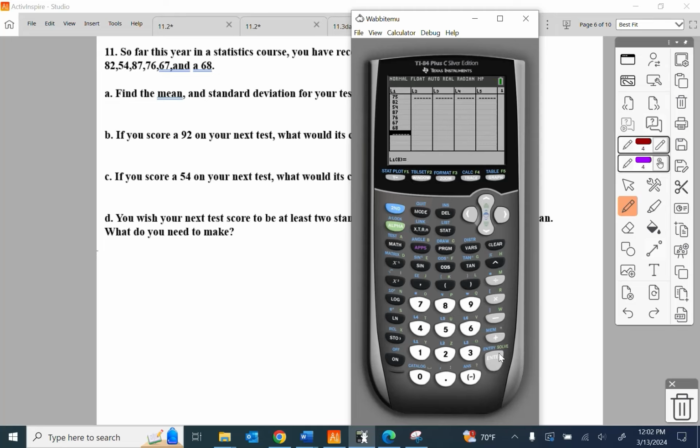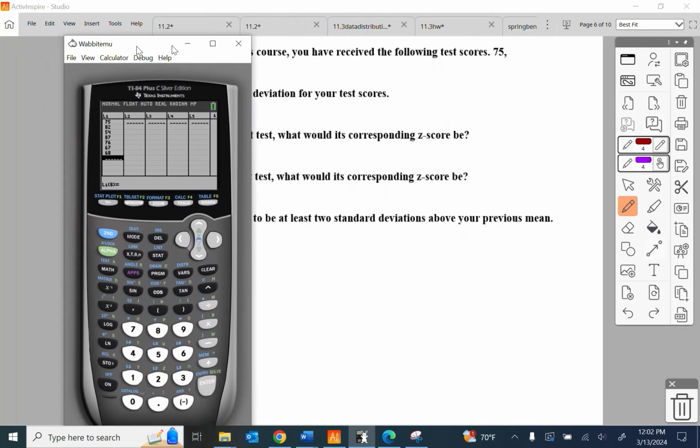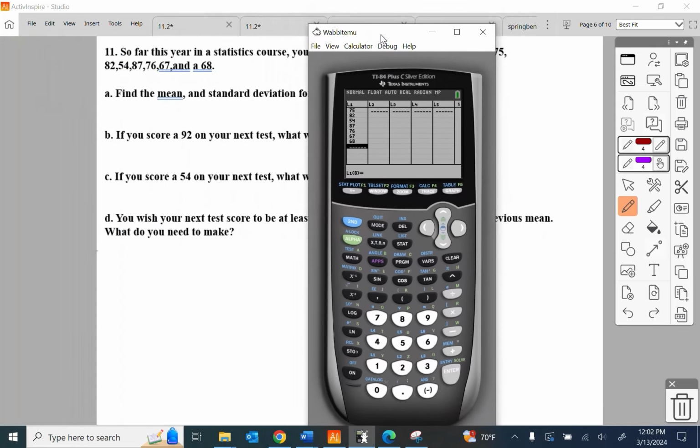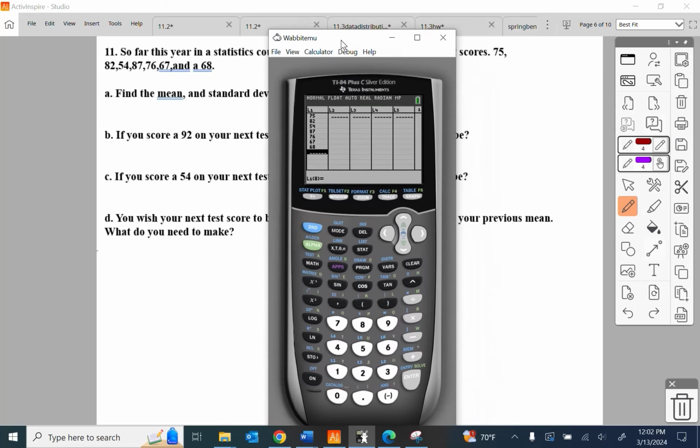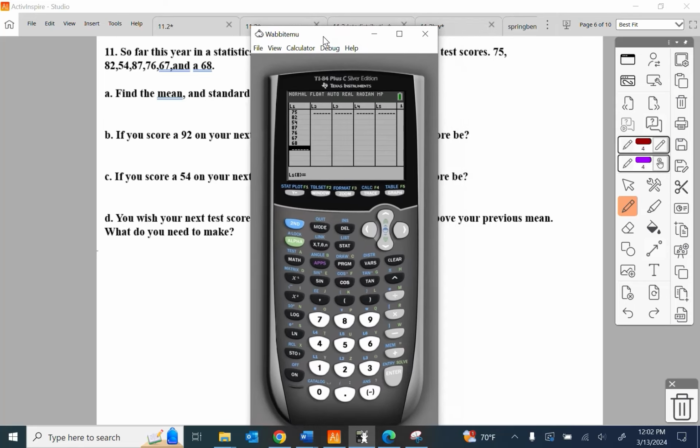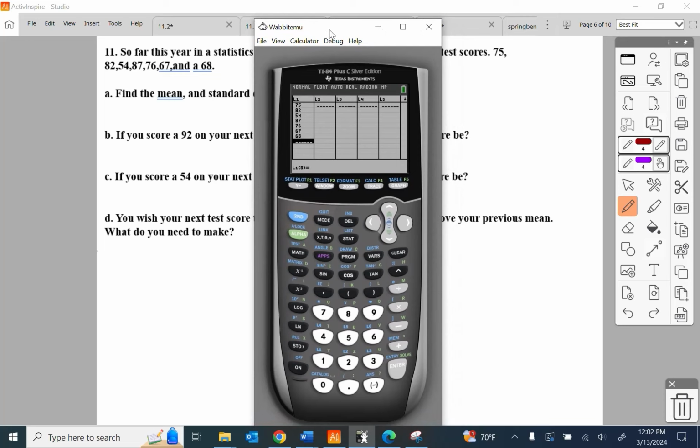For those of you who are just blindly copying, you need to make sure you know how to use a calculator. 75, 82, 54, 87, 76, 67, 68. Anyways, I'm going to quit out. Second quit. You don't actually have to quit. Stat, Calc, one variable statistics.